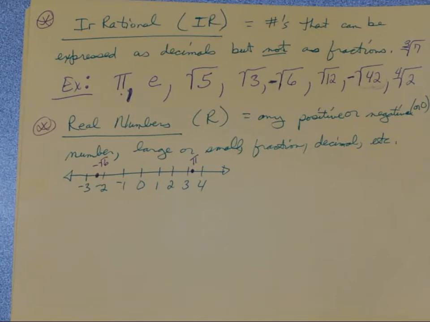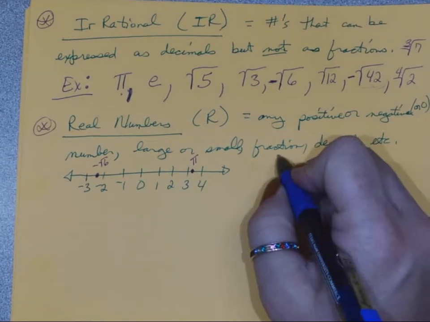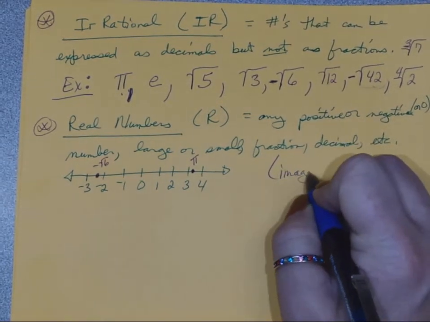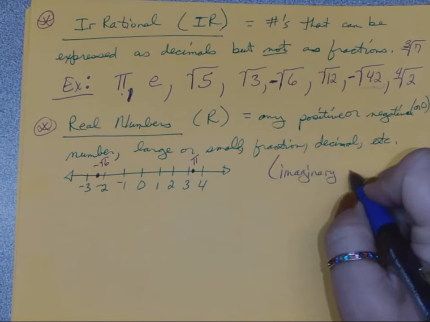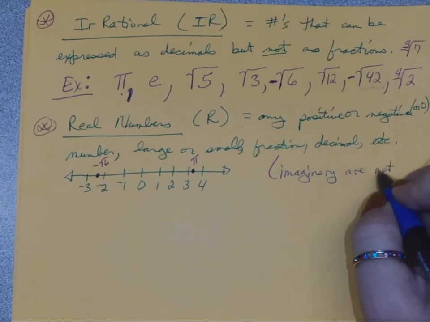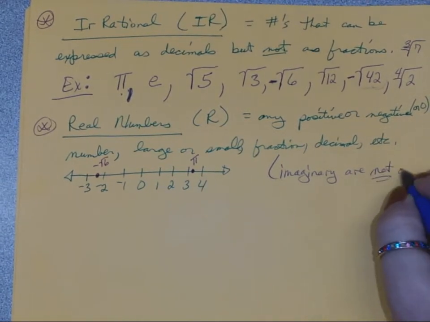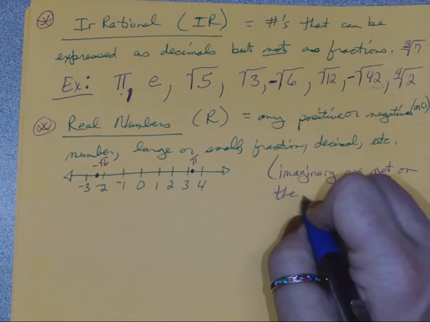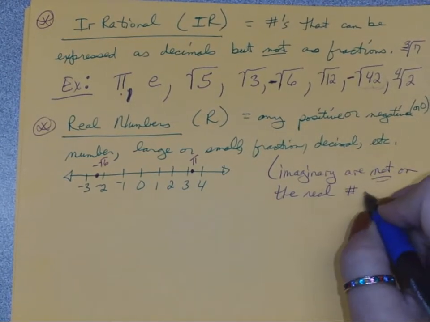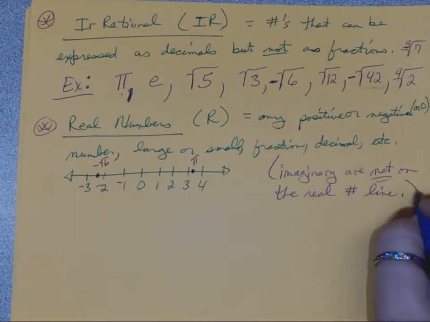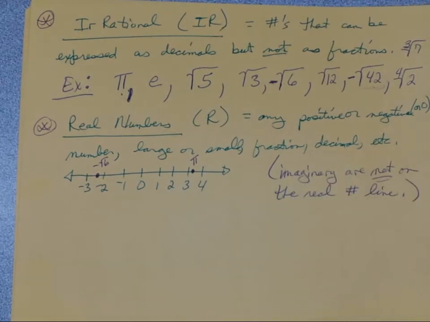Then we go, well, then what the heck's not on there? Well, what I said earlier, right? The imaginary numbers. So imaginary numbers are not on the real number line because they're imaginary, right? So they can't go on the real number line.